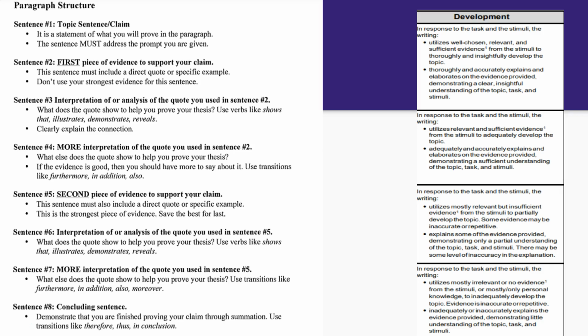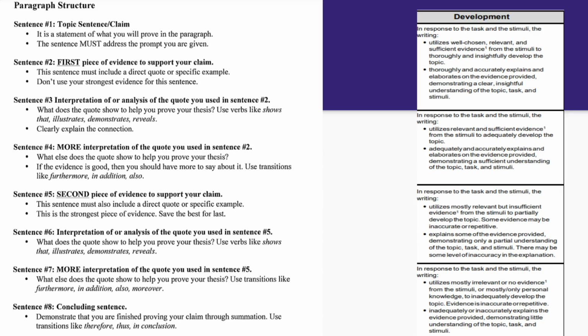So here's the actual breakdown of that paragraph. Your body paragraphs should have about 8 sentences. Because you got your topic, you got your first piece of evidence, you got your interpretation and your analysis of it, and then you're going to give me another analysis. Remember, this is where I said that you can give the figurative language and so forth, because you want to make it clear.